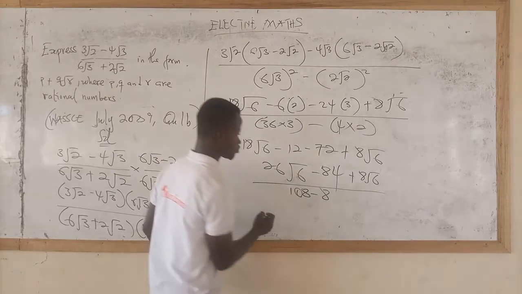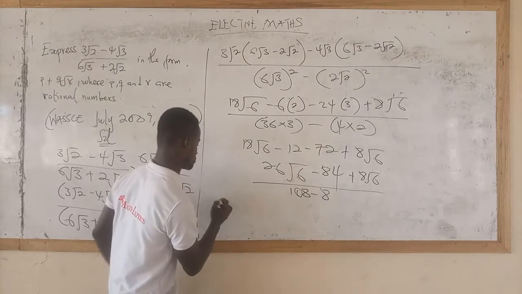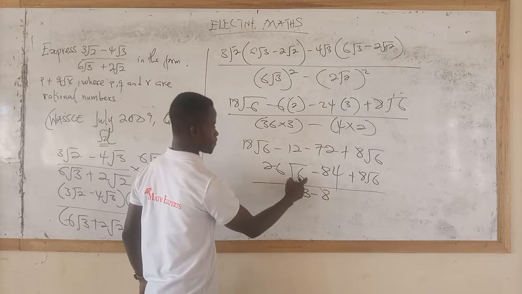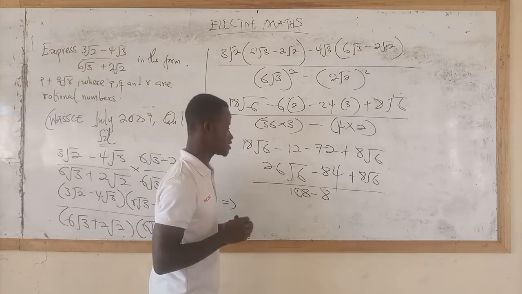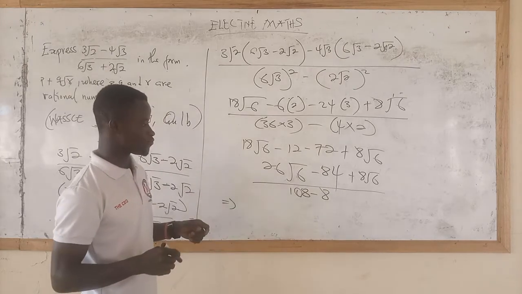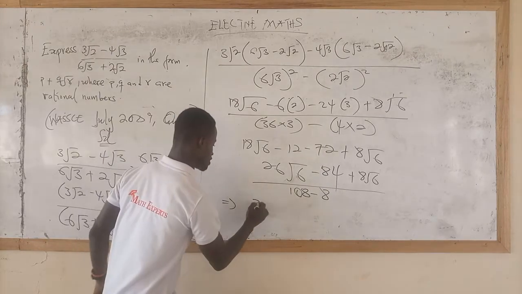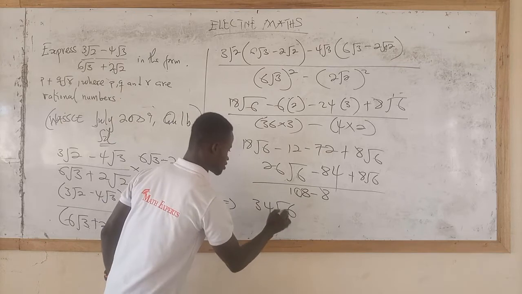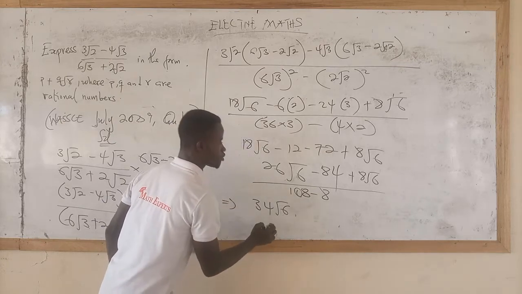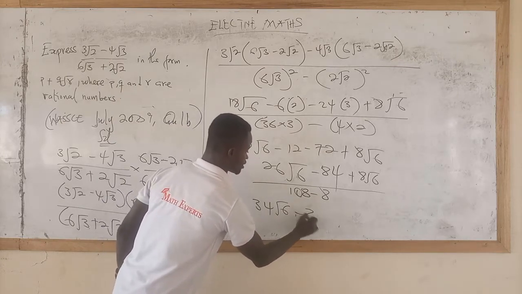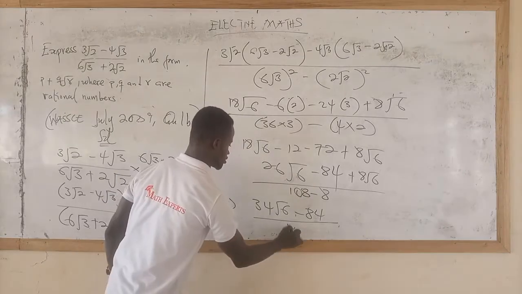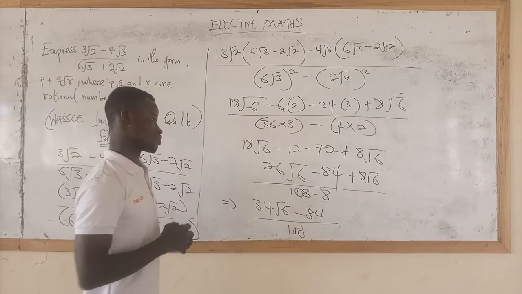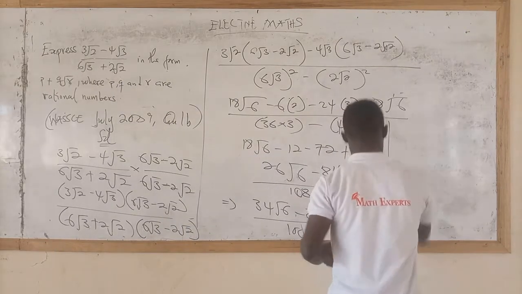Okay. So 26 plus 8 will give you 34. So 34 square root of 6 minus 84, all this over 100. Alright.